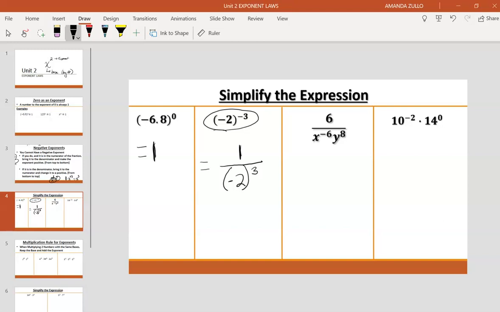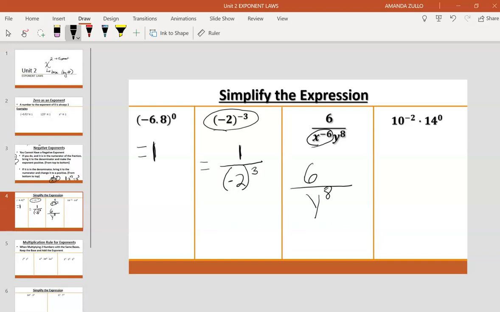If there's no numbers next to this, you're going to be putting a 1. Over here, you have 6 over x to the negative 6, y to the 8. The only problem that I see there is this x to the negative 6. 6 is fine where it is in the top. Y to the 8 is fine where it is in the bottom.